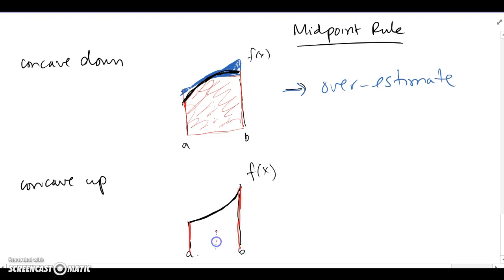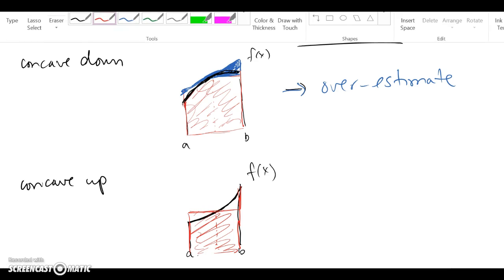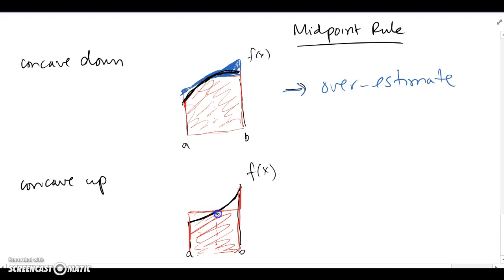I'm going to go in the middle of it and make my rectangle, and this is the area that my midpoint rectangle uses to approximate. I'm going a little over in this case, a little bit under in this case. It looks like they're pretty close, they may even cancel each other out. And if I use this idea of, okay, let me make a tangent line through that midpoint.